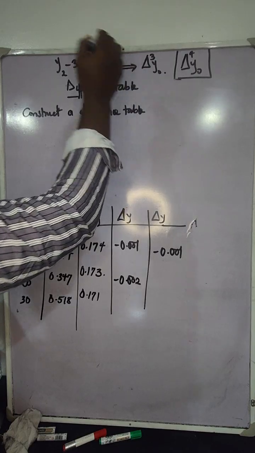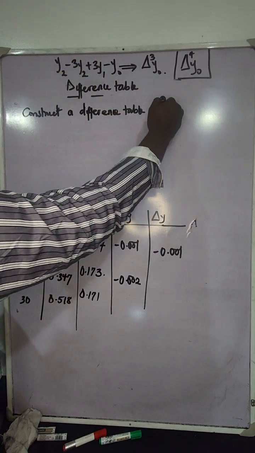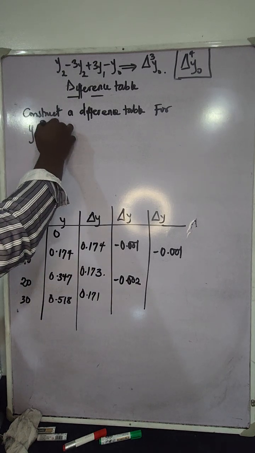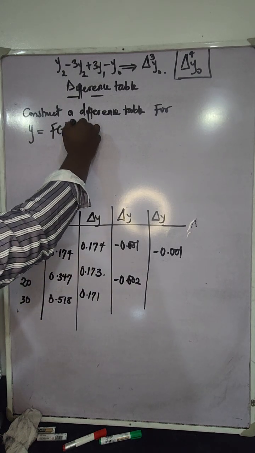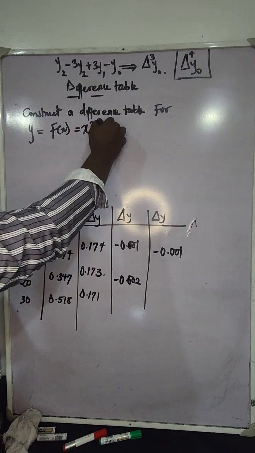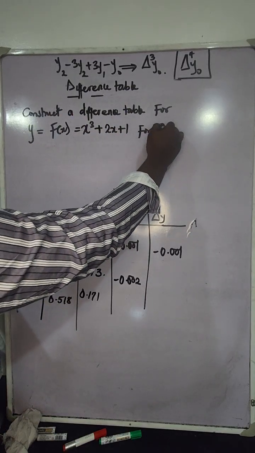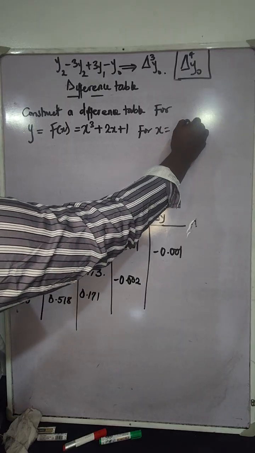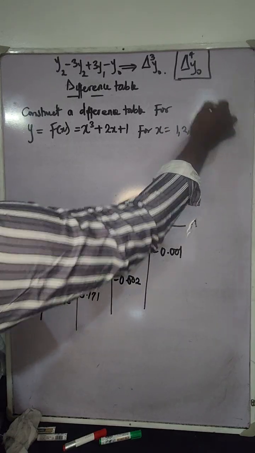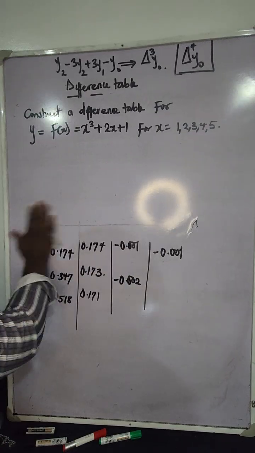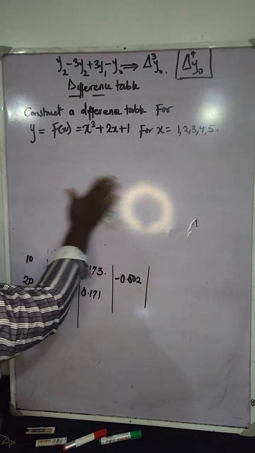Construct a difference table for y equals f of x equals x to the power of 3 plus 2x plus 1 for x equals 1, 2, 3, 4, and 5. Construct a difference table for this value. And so when you want to construct a difference table, let's look at that together quickly.